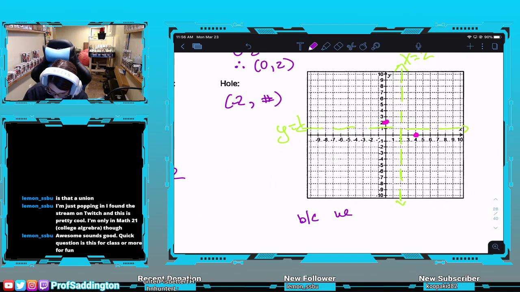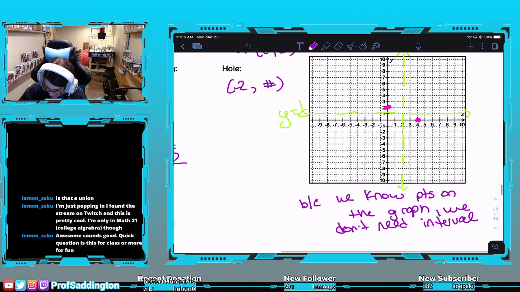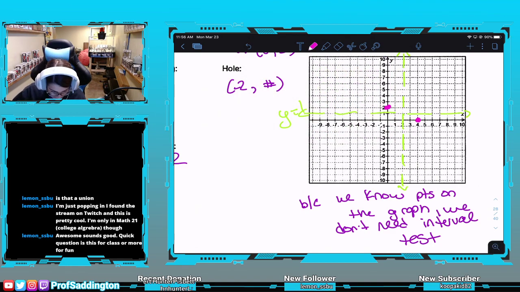Because we know points on the graph, we don't need the interval test. Because we know a bunch of specific points, we're pretty good. And we do need to specify that there's going to be a hole at negative 2 something.